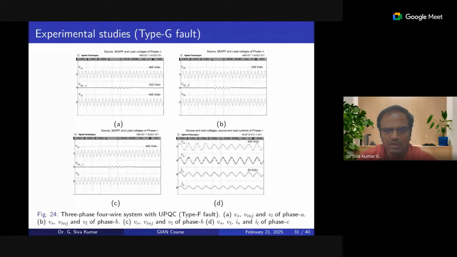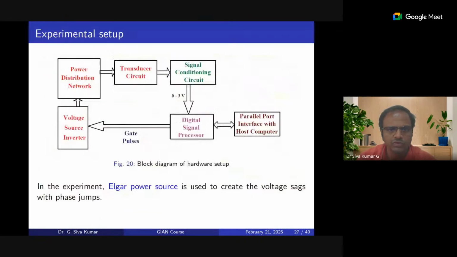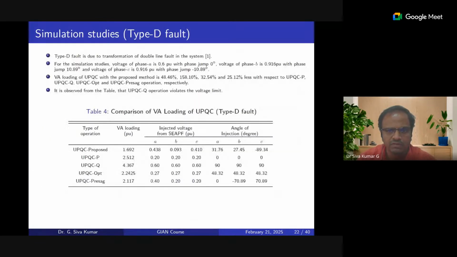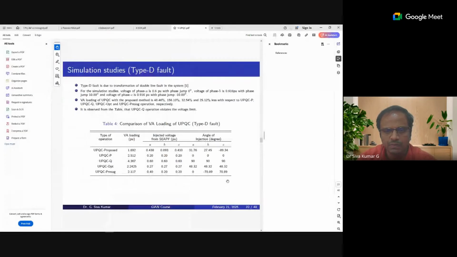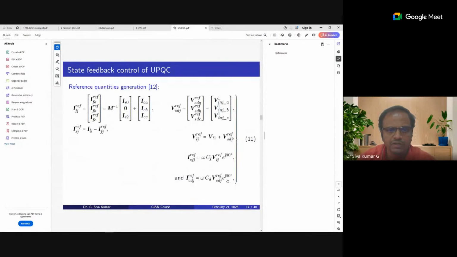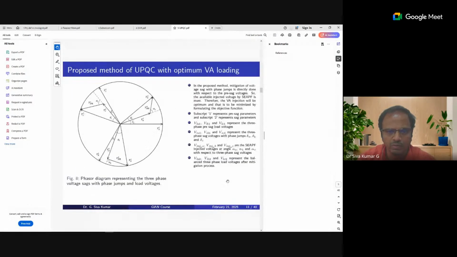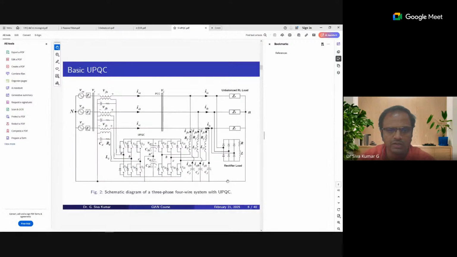This kind of setup can be used in microgrid applications also. This unified power quality conditioner is used to improve both the voltage and the current quality simultaneously. In general, when you take a microgrid, the voltage will be controlled.